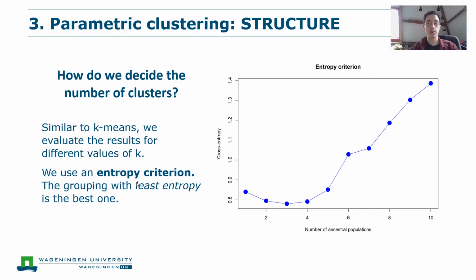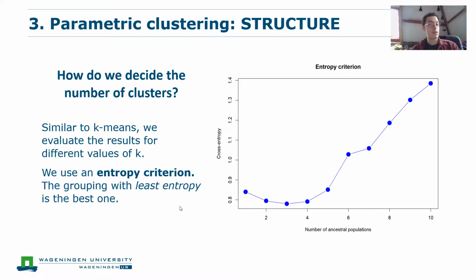What the entropy criterion means is, if I repeat the clustering with, let's say, 6 populations, do I always get the same results? Are my results stable? If they are not stable, then I will have very high entropy. If they are very stable, I will have a very low entropy. And you can prove that the closer you are to the true number of ancestral groups, the lower the entropy criterion will be.